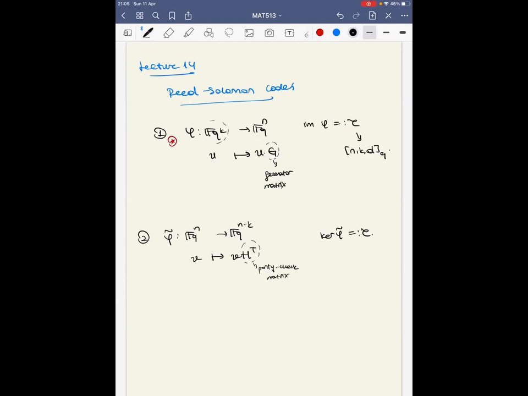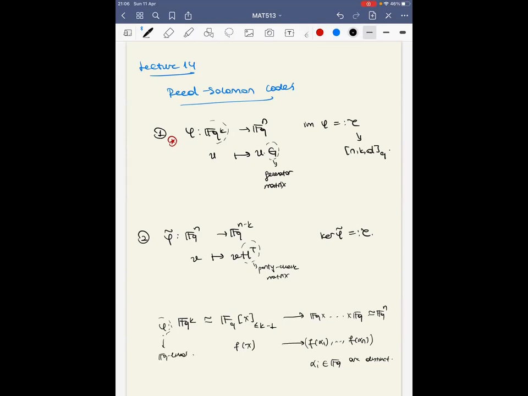And for this insight, instead of the k-dimensional vector space over a finite field of size q, we may consider the vector space which contains polynomials of degree at most k minus 1, and by evaluating each polynomial at given n distinct points alpha 1 up to alpha n, alpha i's from FQ, we can construct linear codes with respect to this evaluation, because obviously phi is FQ linear.